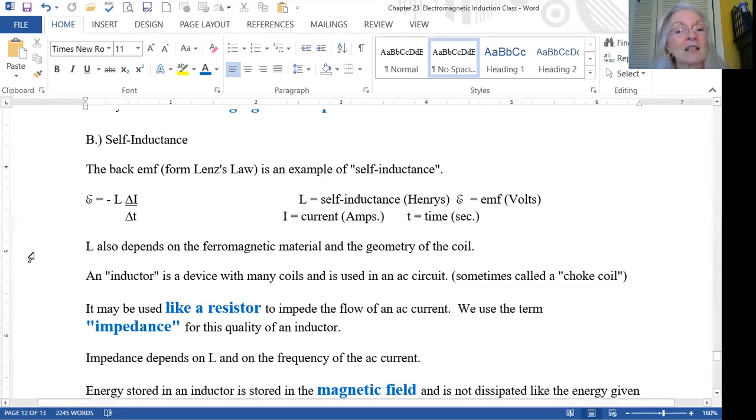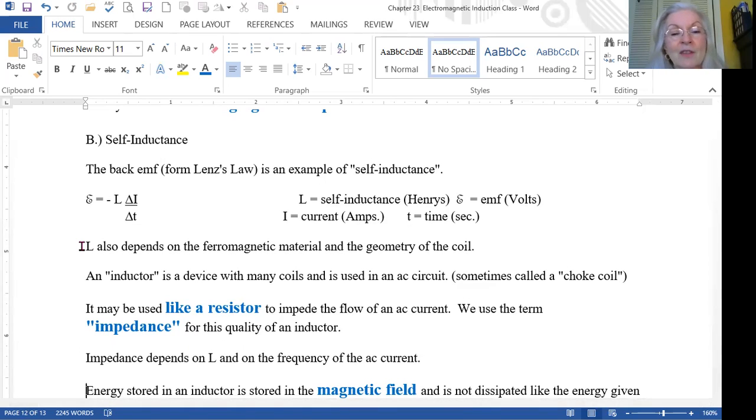So self-inductance, the equation is that the EMF is equal to minus L times delta I over delta T. So capital L is the self-inductance. It is measured in henries. That script E is the EMF for the voltage, and I is current and T is time. So the self-inductance depends again on ferromagnetic material and the geometry of the coil.